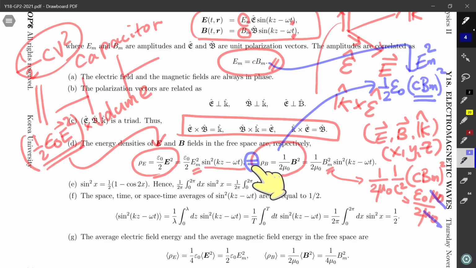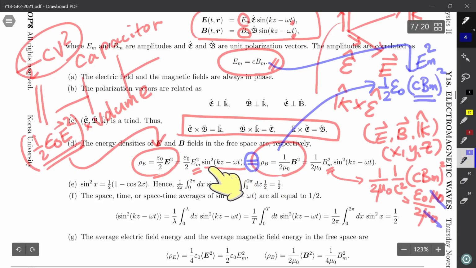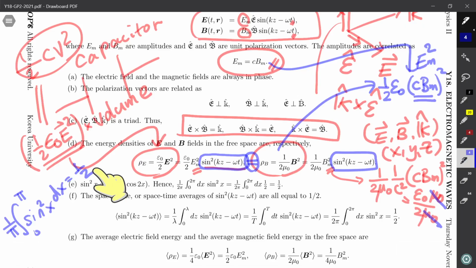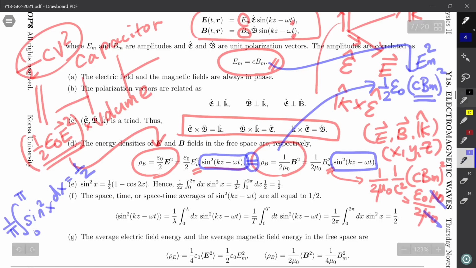They are identical. And we want to compute the space-time average value of this. And sine squared theta has period of pi. This is 1/2. We computed it to compute the RMS value for the signal when alternating current is applied.